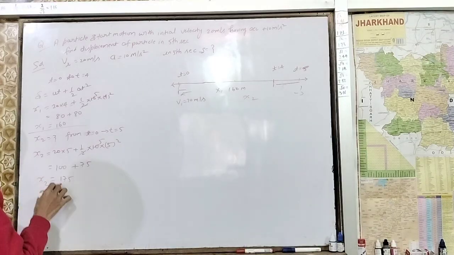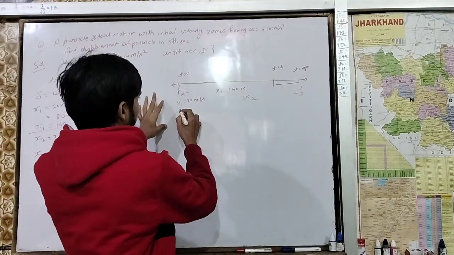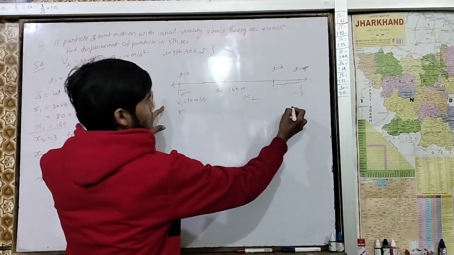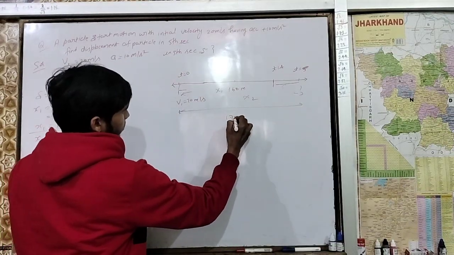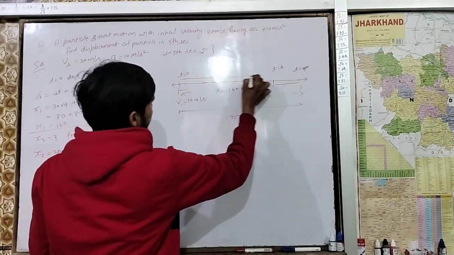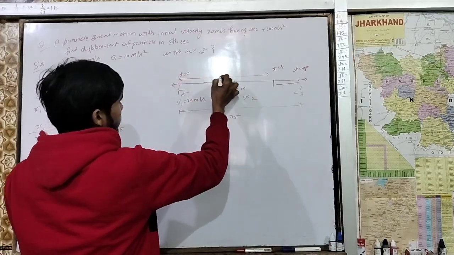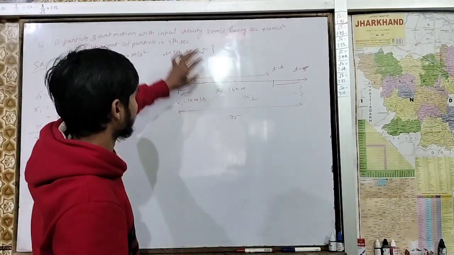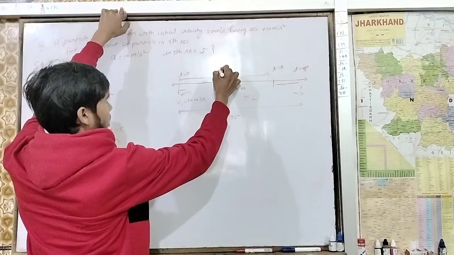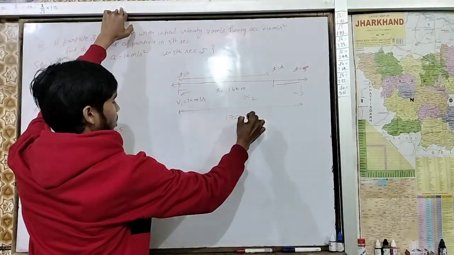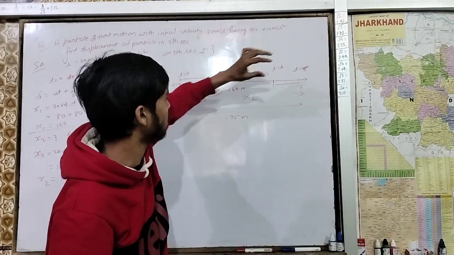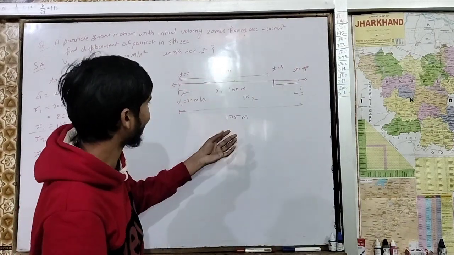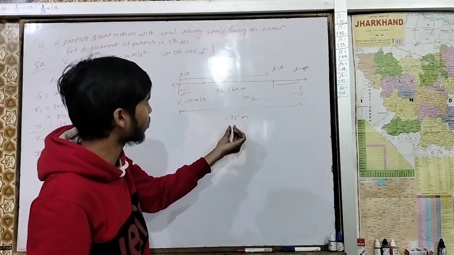So x2 is the displacement from here to till here, which is 175, and from here to till here, the displacement of this line is 160 meter. Now we want only this part. So to get only this part, we will have to subtract this 160 from 175.